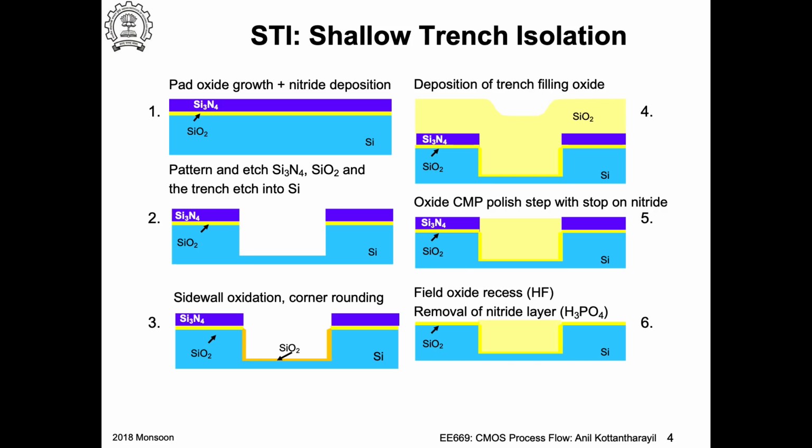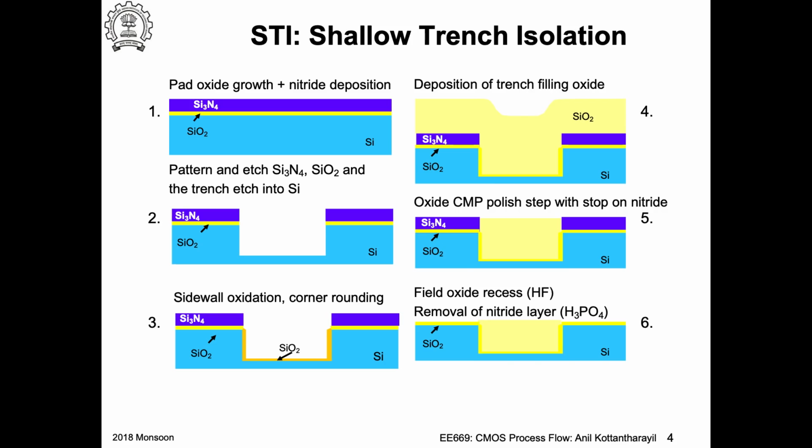Okay, so after the CMP in step 5, you would do a small recess etch of the oxide using dilute hydrofluoric acid. So this would not etch your silicon nitride. And then you are going to remove your silicon nitride in hot phosphoric acid at about 165 degrees centigrade.